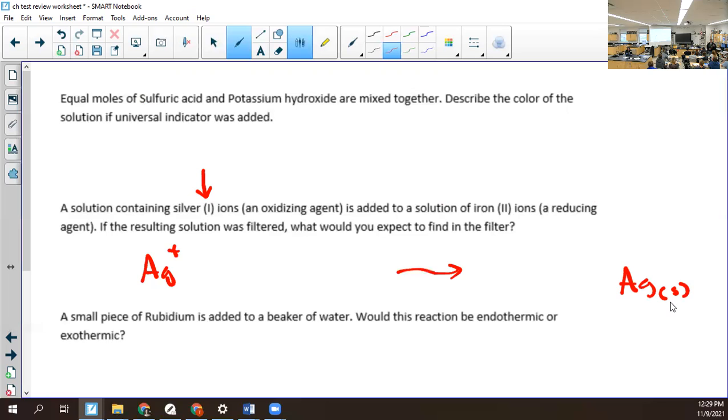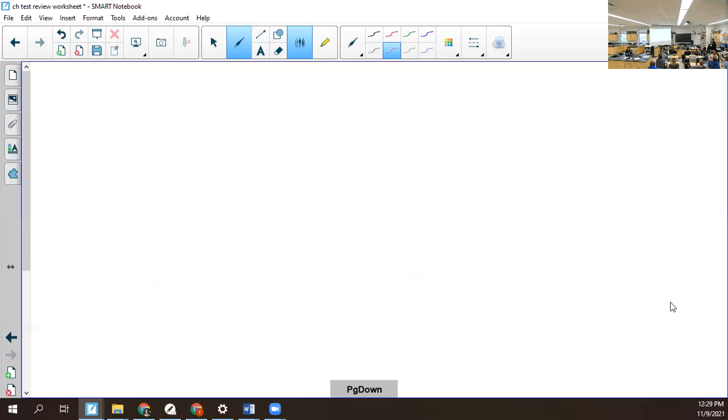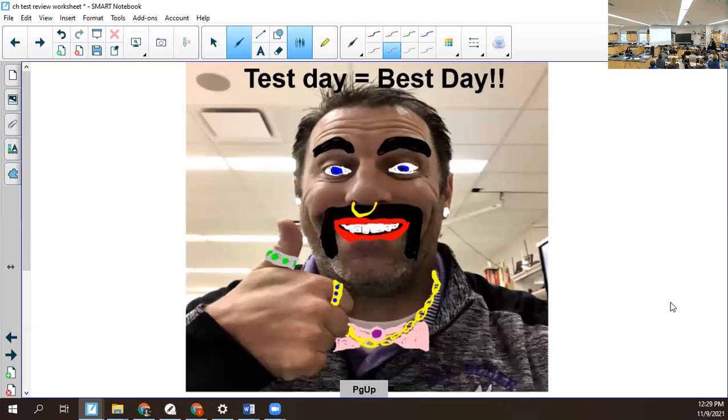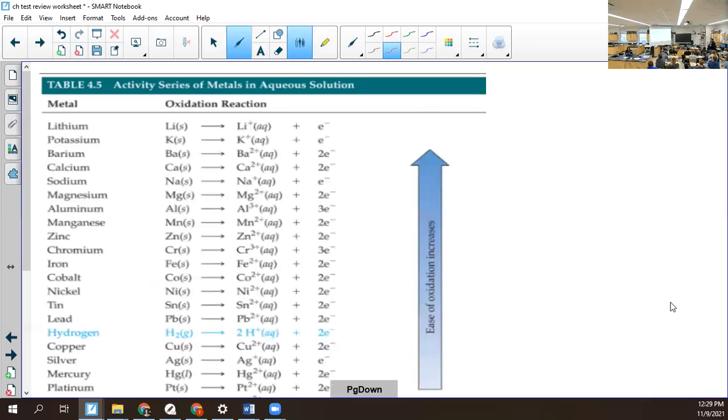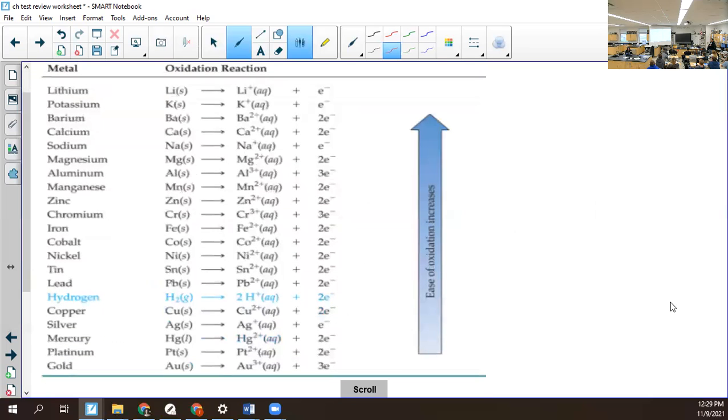It's okay. Remember the chart, which you'll have in your test. Hopefully I have it somewhere. Right here. All right. So since silver is down here, it's more likely to form a solid than something above it.